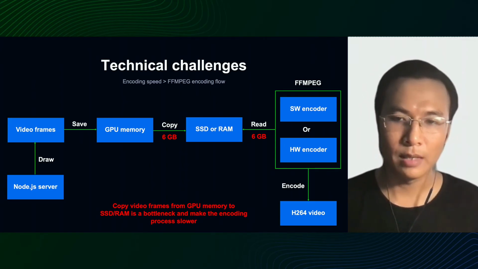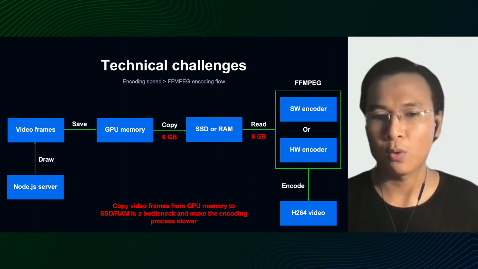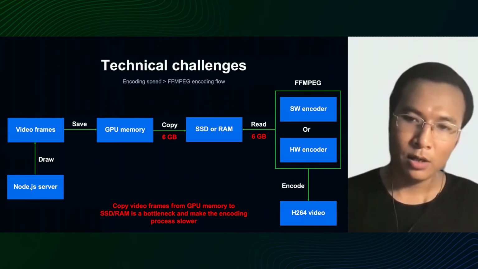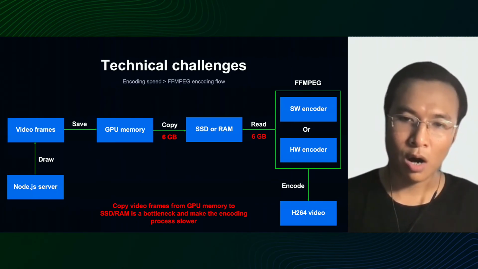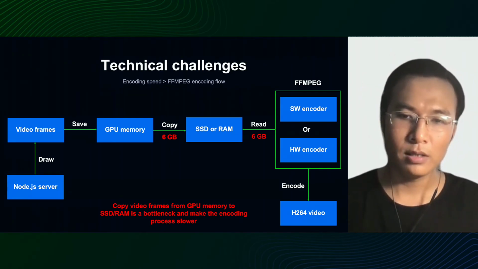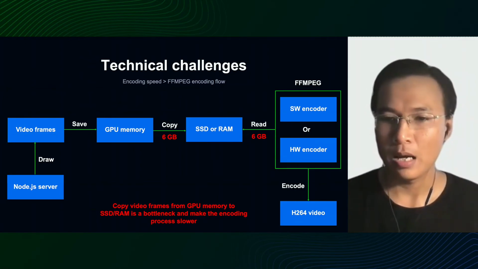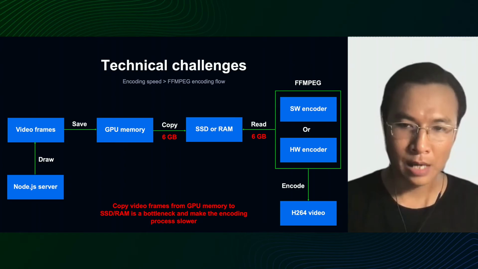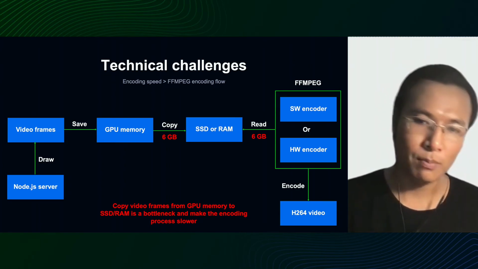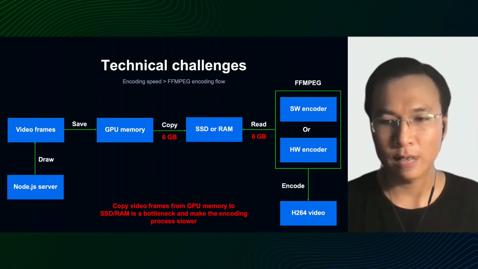After copying, FFmpeg can read the video frames from random access memory or solid-state drive, and then use either a software encoder or a hardware encoder to encode these video frames and create a video. This approach works, but the process is slow, as we face a bottleneck at the step of transferring data from GPU memory to random access memory or solid-state drive. It takes a lot of time.